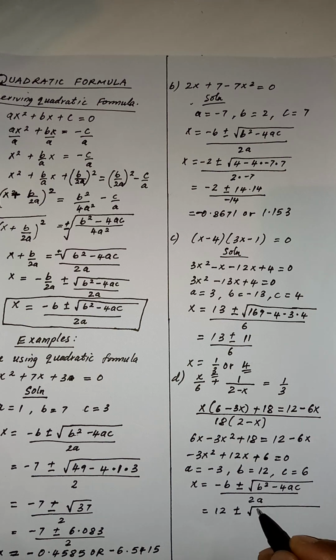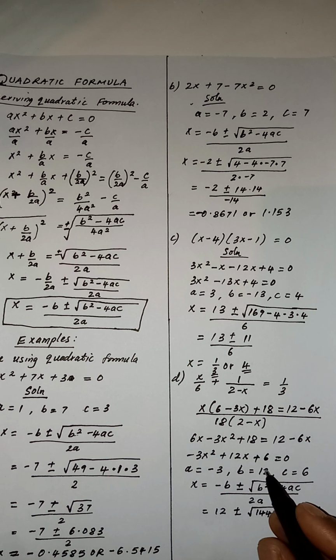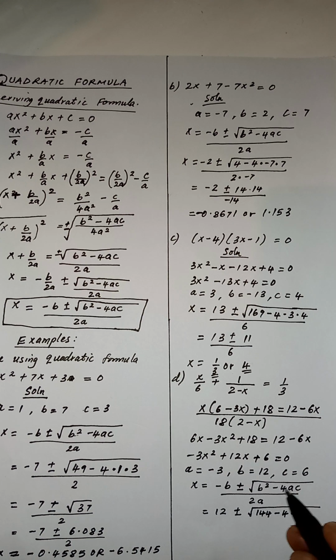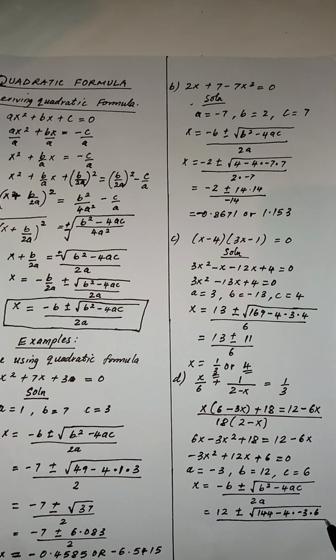B squared is 144, when we square 12, minus 4 multiplied by a, the value of a is negative 3, multiplied by c, which is 6, over 2 times a, which will give us negative 6.